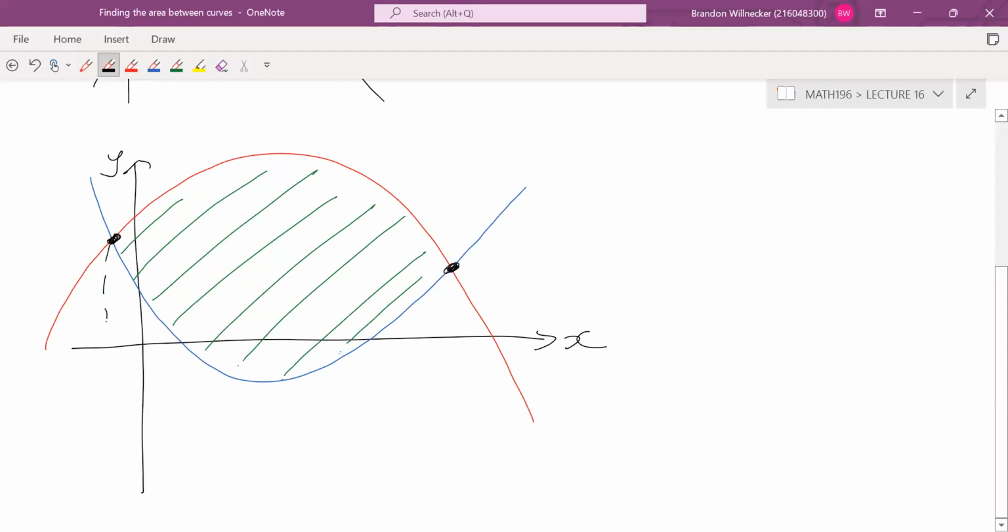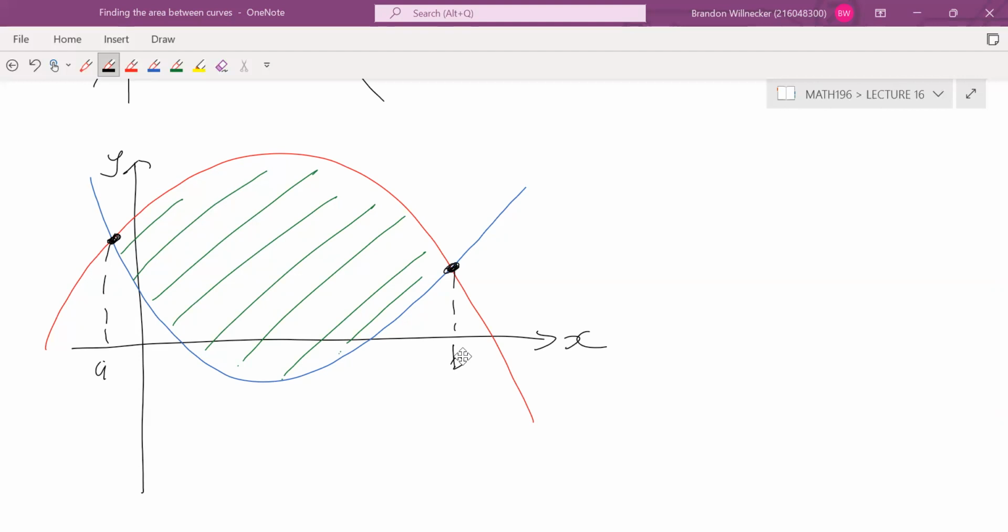Let's call the first one A and the second one B. Between A and B, we see that the red function at the top and the blue function at the bottom enclose this green area or the green region. What we want to do is find the area of this green region.